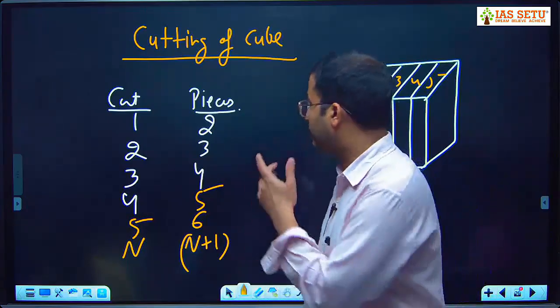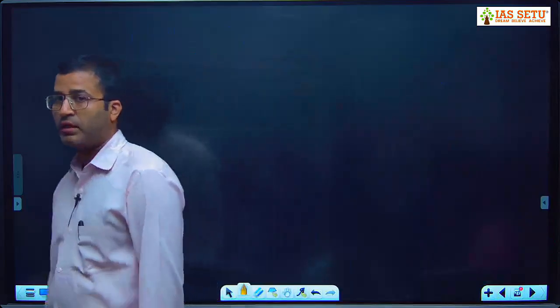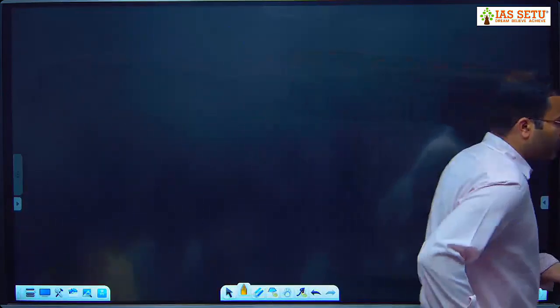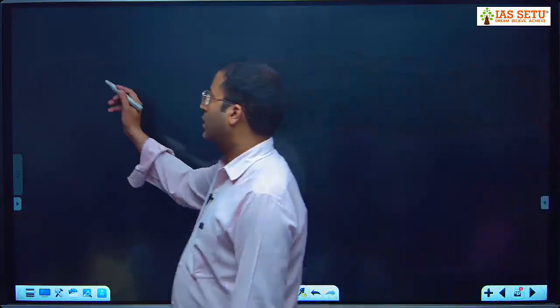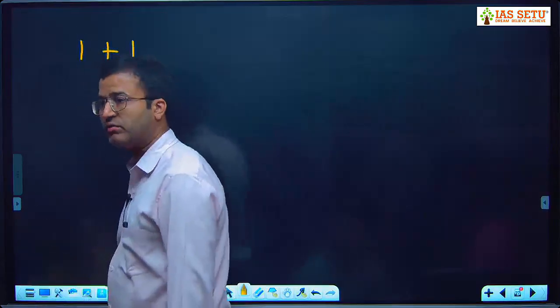Fine. Now what we will do, we use 2 axes, then 3 axes. Then I give you one pattern which is very, very important for us. Like I make cut 1 plus 1. One cut on x, one cut on y.